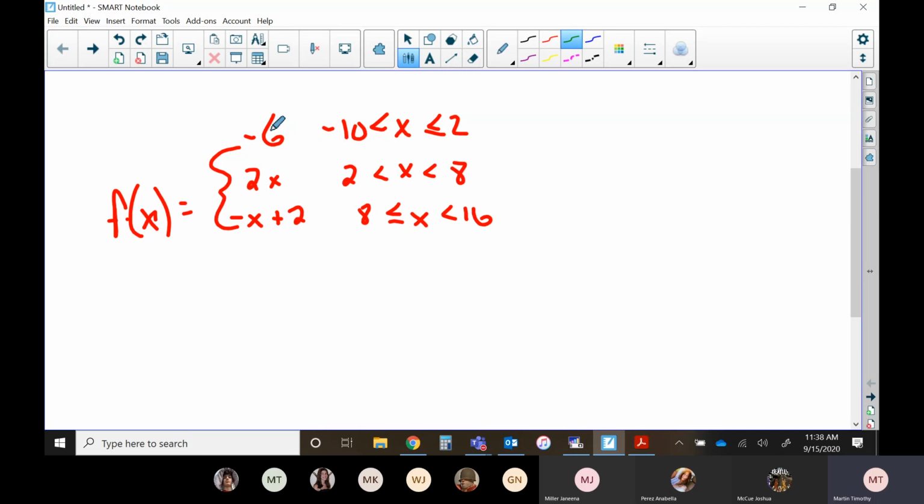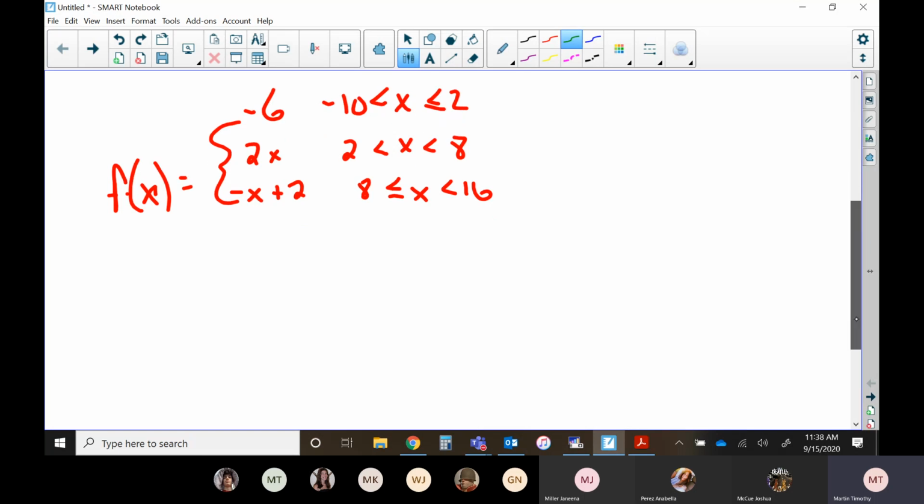If I put in a 2? If I put a 3, no longer a -6. Why? Because a 3 is not part of that interval. I would be going down here and I'd be in a different part of my graph. So it only kicks out -6 between X being -10 and X being 2.